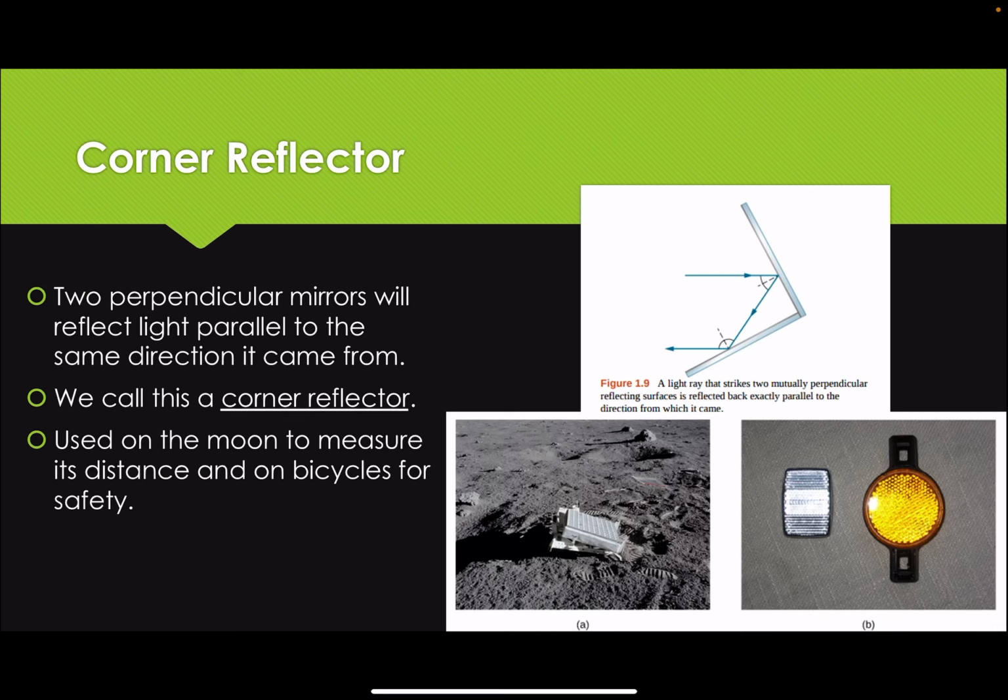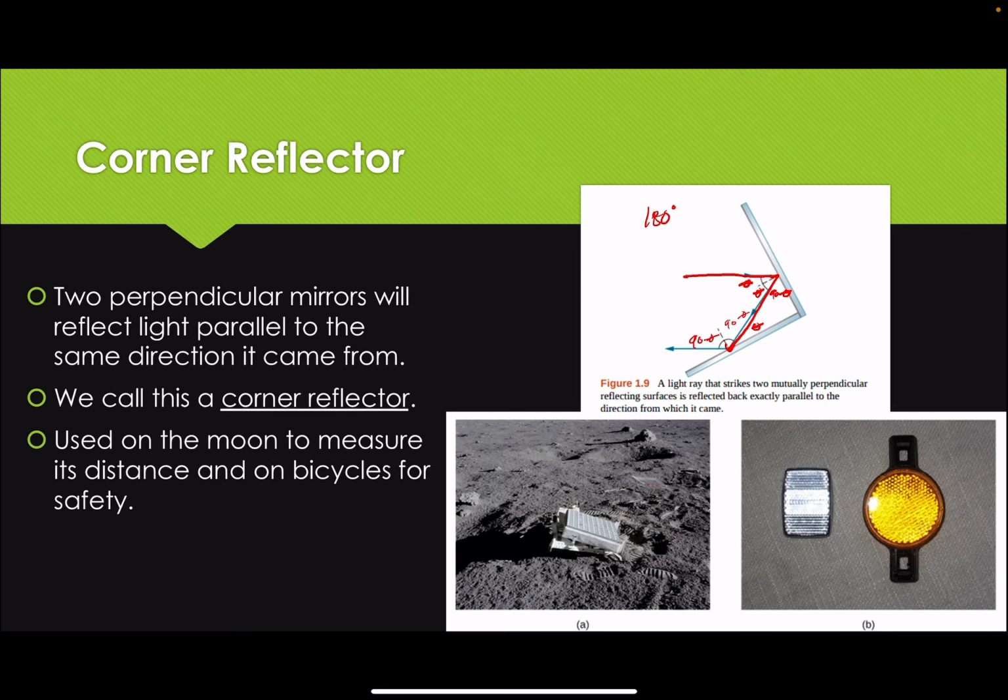If we have some sort of light that comes in, you can see the properties here. If it comes in at some angle, we know that this angle is going to be the same angle. And using our geometry, we know that this is 90 minus that angle, and that's 90 minus that angle. Again, you don't need to know this geometry, but overall, if we add up all these angles, we get 180 degrees.